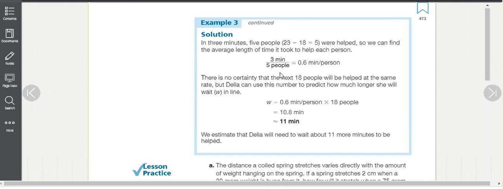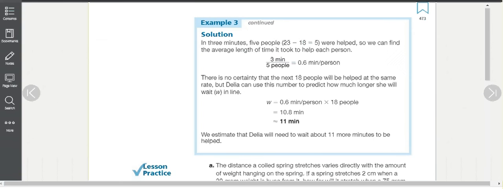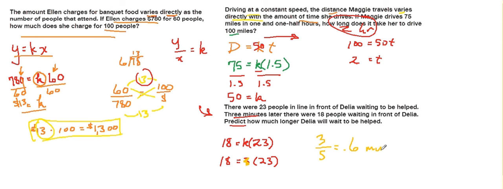We can find the average length of time it took to help each person. Okay, so every 3 minutes they get 5 people helped. So they say the constant is 3 divided by 5, or about 0.6 minutes. I knew it was going to be less than 1, because 18 divided by 23, basically.